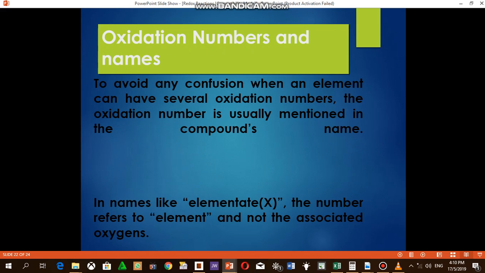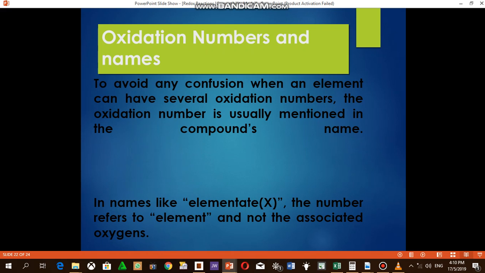One was saying oxidation is the addition of oxygen. The second one was saying it is the removal of hydrogen. The third one was saying it is again a loss of electrons. Then the fourth was saying an increase in oxidation numbers.